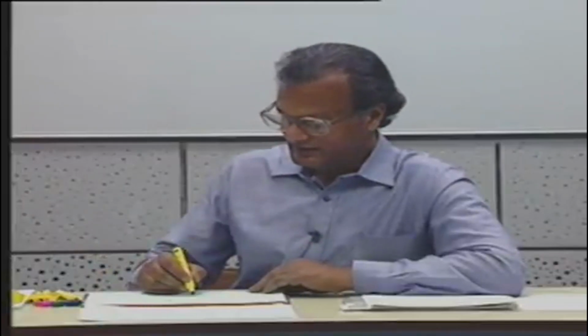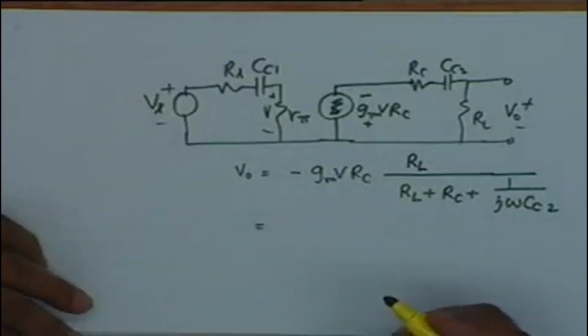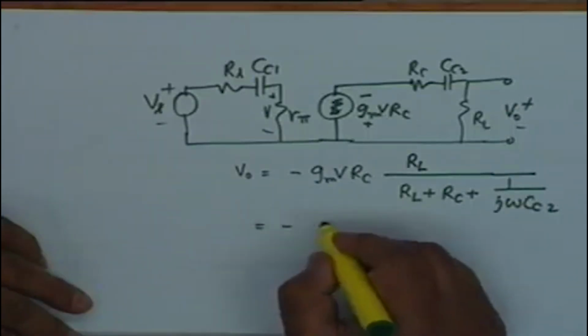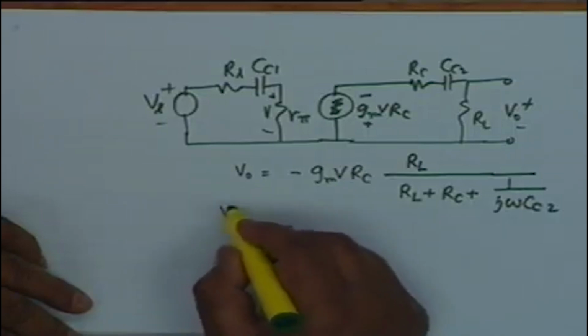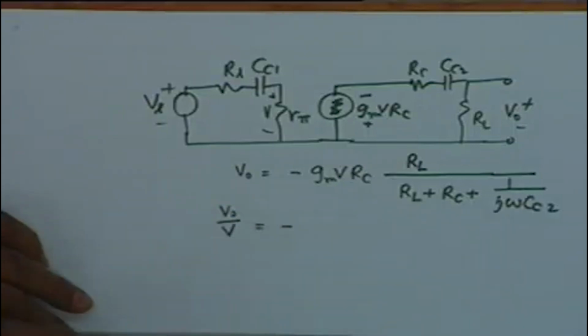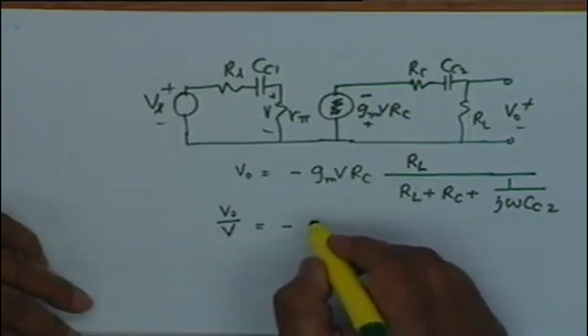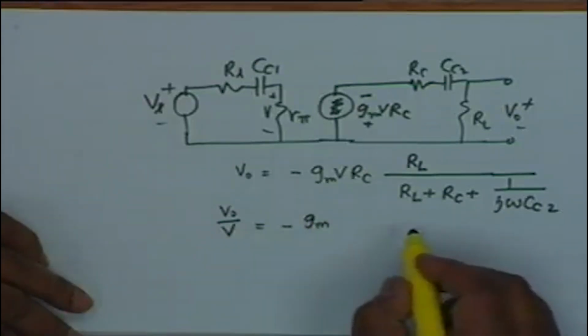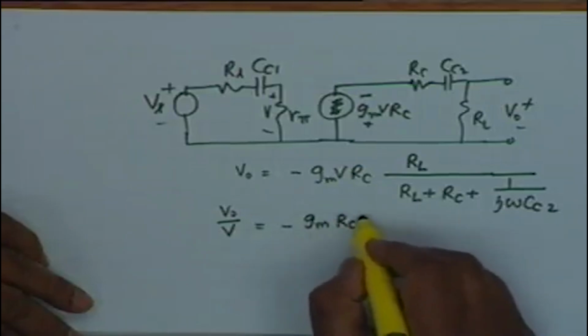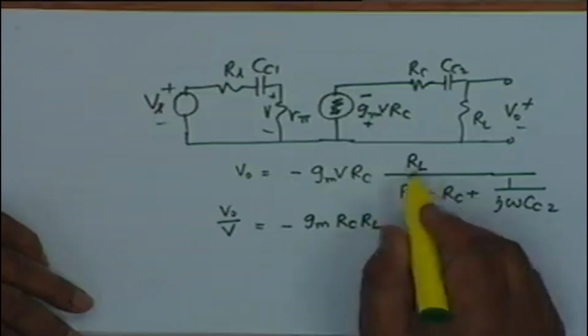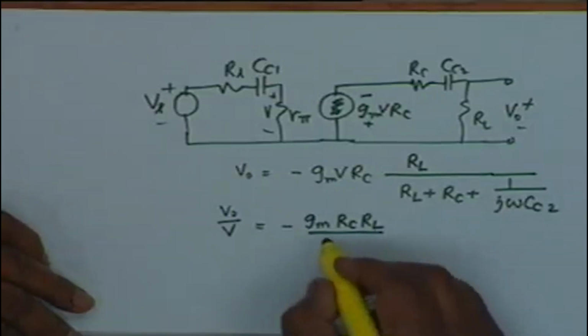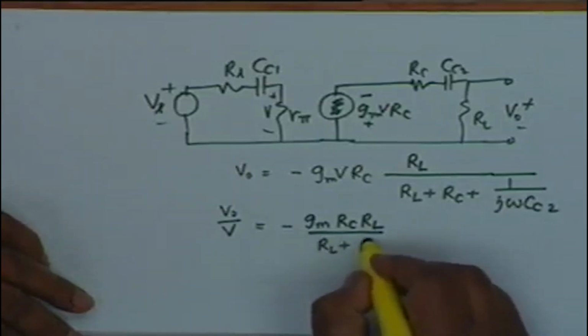Okay. Now, I can do a bit of simplification. Let us write V0 by V. This is what I want. This is minus gm. Now, look at the simplification. I have RC RL, RC RL. Then from the denominator, let me take RL plus RC out.